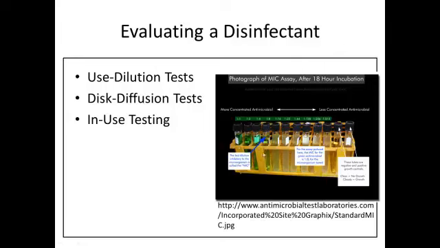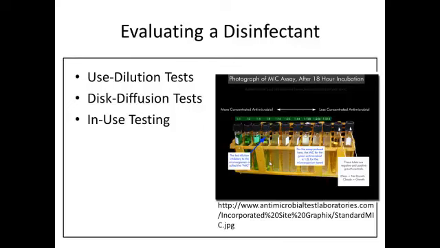And we look and we see where the tubes become turbid. Right here you can see it's turbid, right here you can see it's not. Right here is the minimum concentration of the disinfectant that has inhibited growth of the microbe. Now at this point we don't know if the active ingredient is killing the microbe or stopping it from growing, and depending upon what you do, it doesn't really matter.